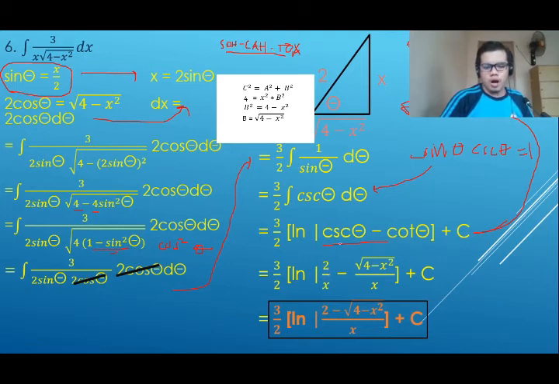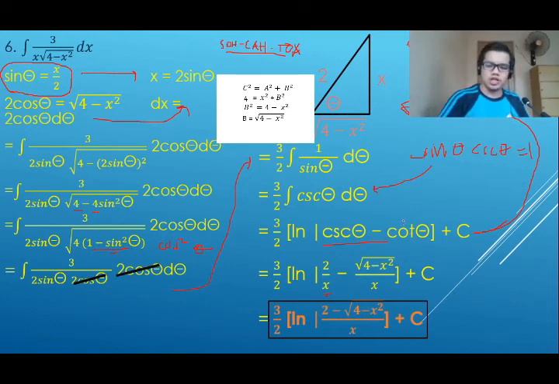Now, how can you know that this is cosecant theta? Remember, cosecant theta is 1 over sine theta. Sine theta, as you can see, is equal to x over 2. So 1 over x over 2 is equal to 2 over x. That's why this is the answer. And cotangent theta, remember, is just the reciprocal of tangent theta, which is sine theta over cosine theta.